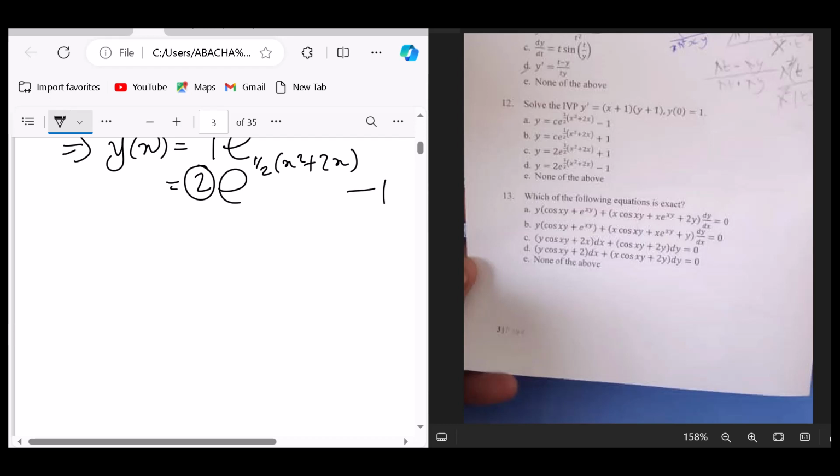So if you look at A, we have the y, the x being attached to one term. So here you can multiply each term by the x.